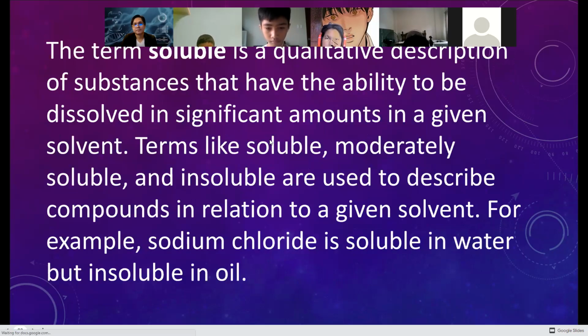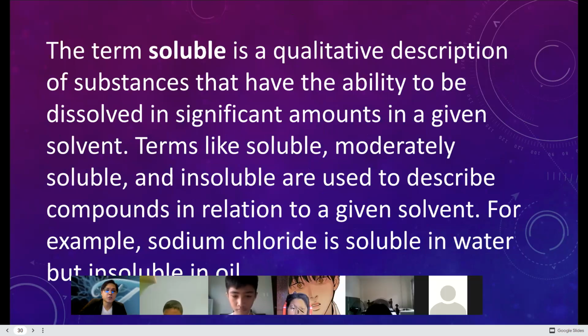The term soluble is a qualitative description of substances that have the ability to be dissolved in a significant amount in a given solvent. Soluble, it can be dissolved.